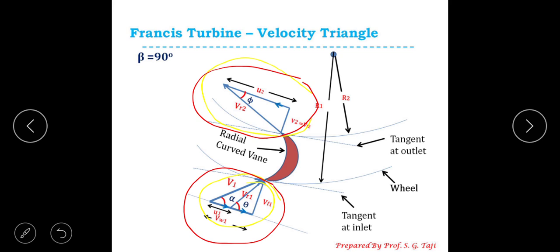The jet of water is entering with absolute velocity V1 at the inlet radially.